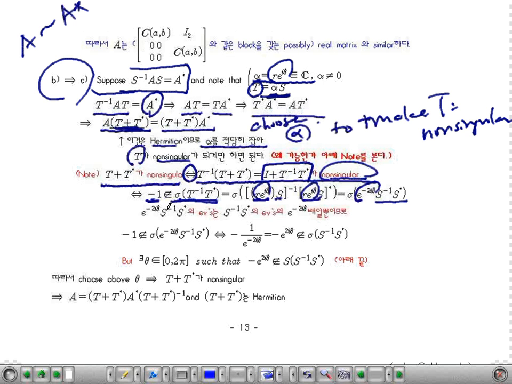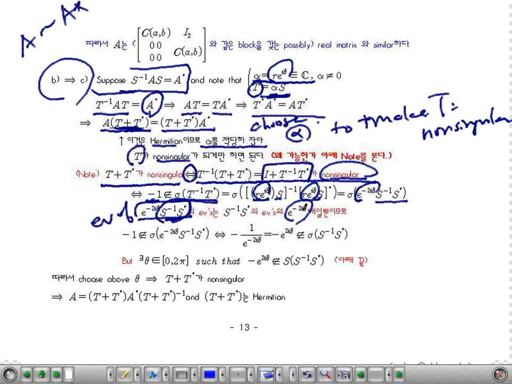Now you see the eigenvalue of this matrix is the scalar multiple of the eigenvalue of this matrix, isn't it?